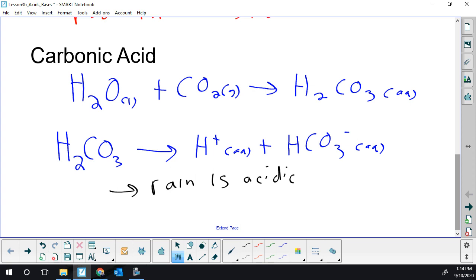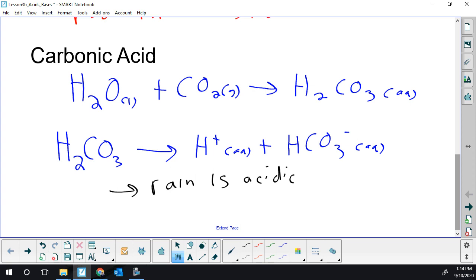But if you go outside and you collect some rain and you measure its pH, you're like, oh, it's 6. That's perfectly normal. It actually should be a little less than 6. Somewhere in the 5s is normal. Rain is not 7, because of this process. So that's your earth science lesson of the day.